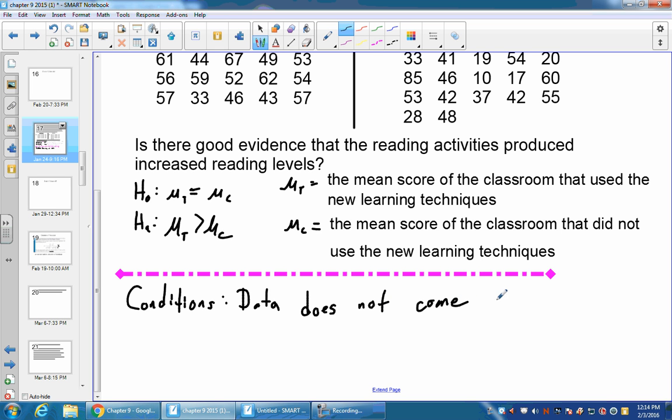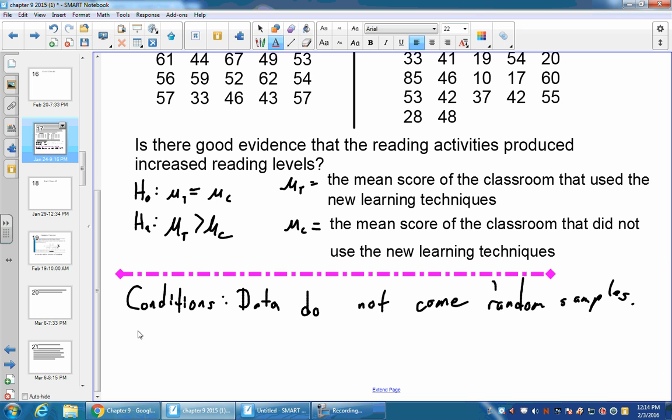And maybe I should say data does not come from random samples, because there's two samples. And if I was speaking correctly, I should say data do not come from random samples. Now I should type so you can read what I'm saying.